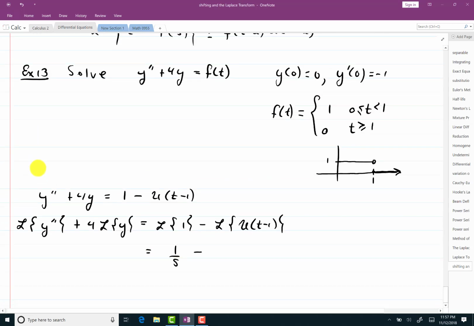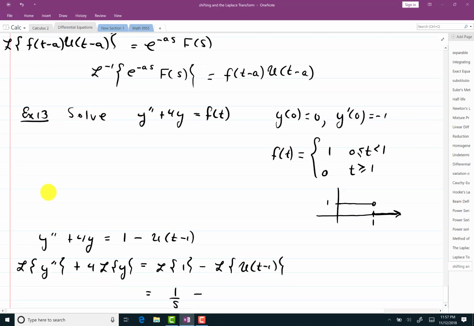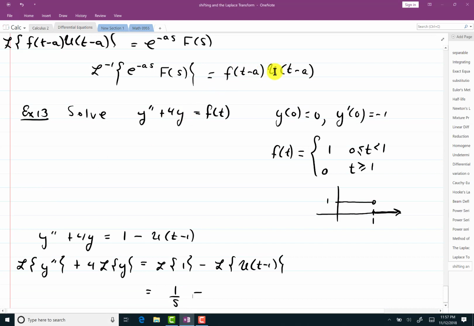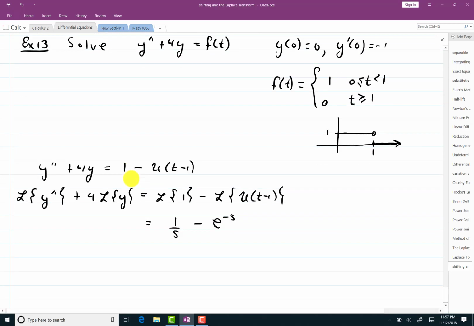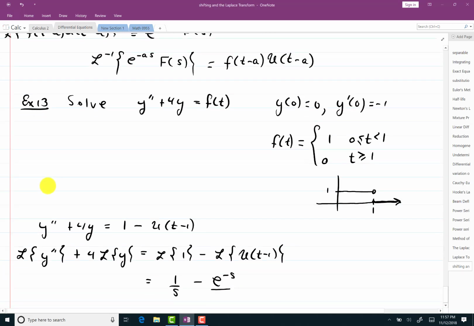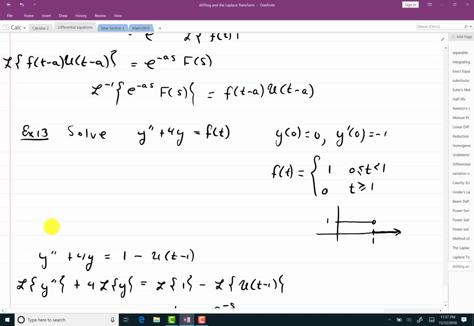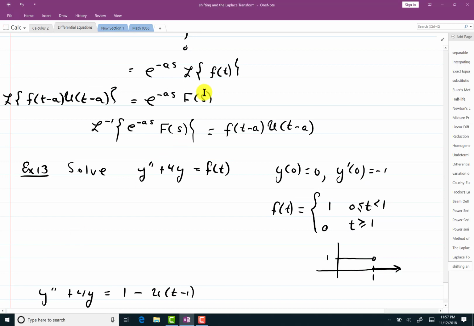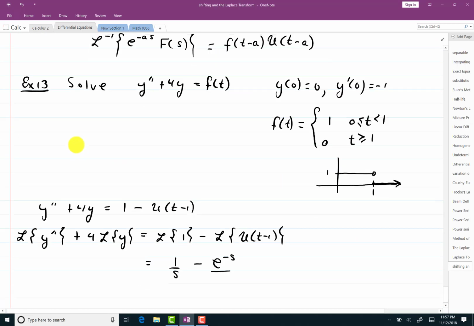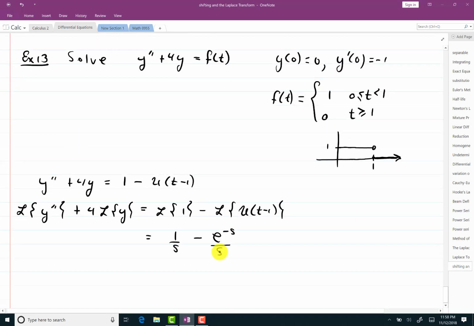Here, if you will, the f is not simply the number 1. That's not a problem. So I'll have e, my a is 1 here, so I'll have e to the negative s all over the Laplace of 1, which is 1 over s. Well, that's nice.